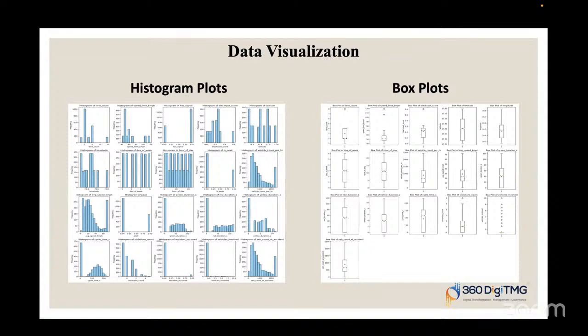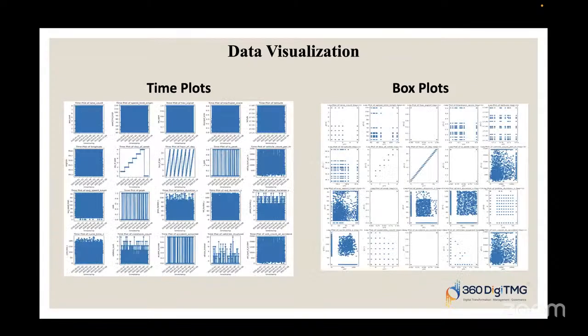We also did the time plot of each column, where we assess at what time the accident rate is high or low, when the traffic is high, and when the signals are high. All those things we got here in the time plot and box plot.